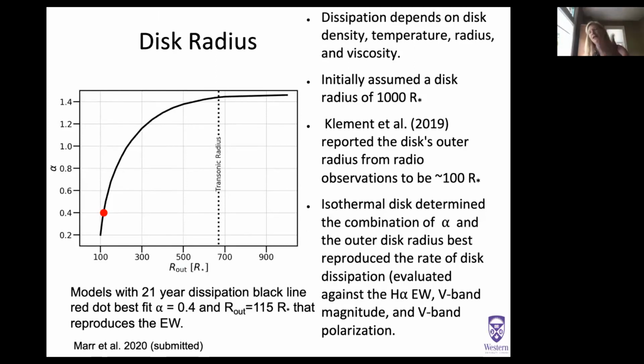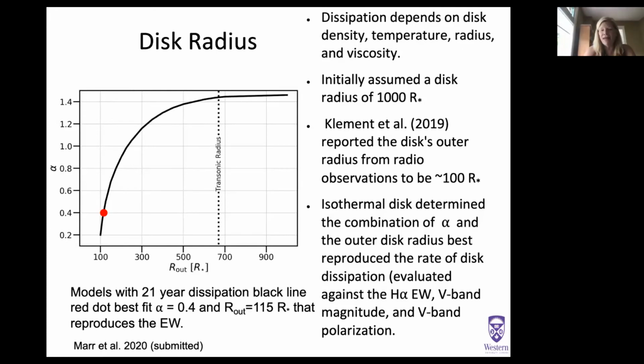And there's an equation in one of Kritka's papers, I think 2011 or 2015, that predicts the outermost radius, and this value agrees with it. So the simulations were all redone. The ones that I showed you previously with the fits to the H alpha lines are the redone ones. But suddenly the alpha doesn't need to be at the maximum range. We got an alpha of 0.4 and an outer radius of the disk of 115 stellar radii.